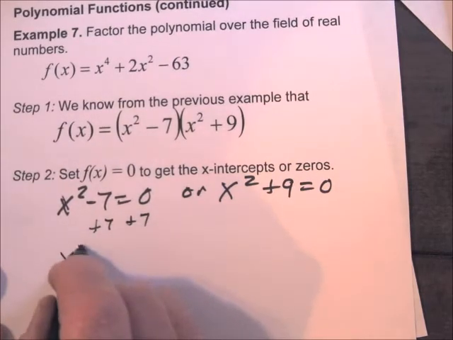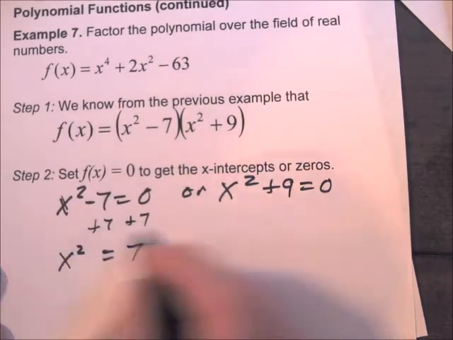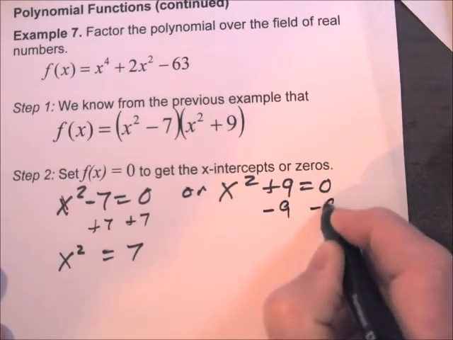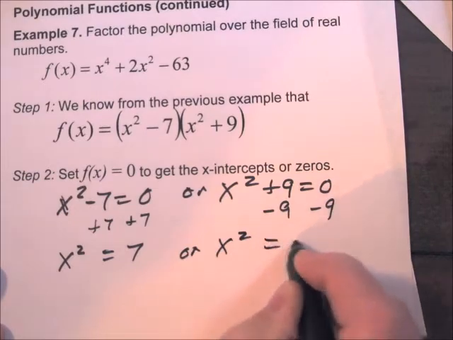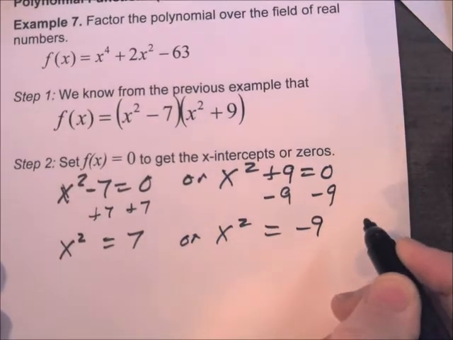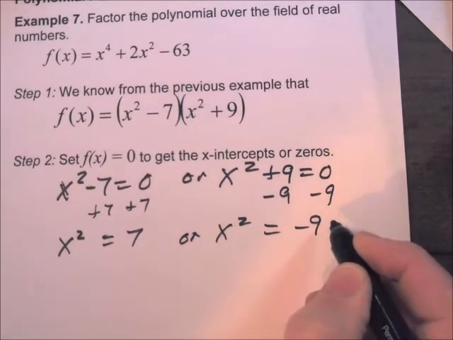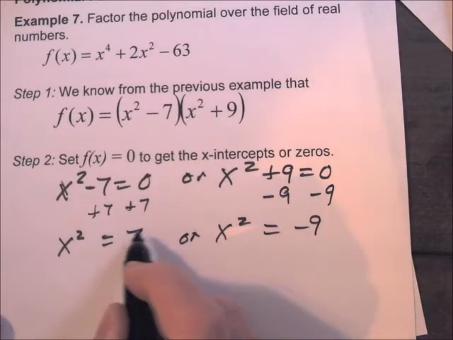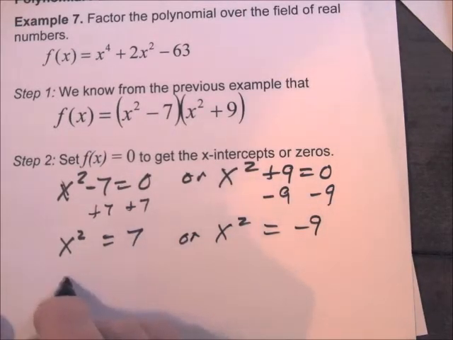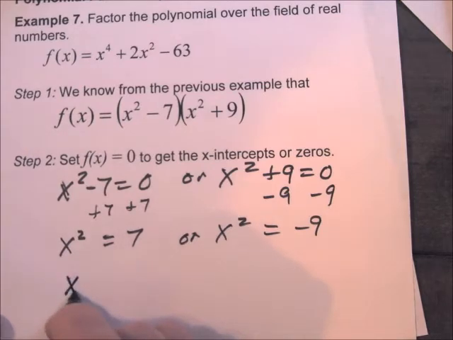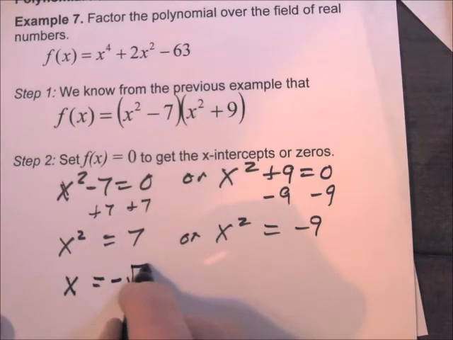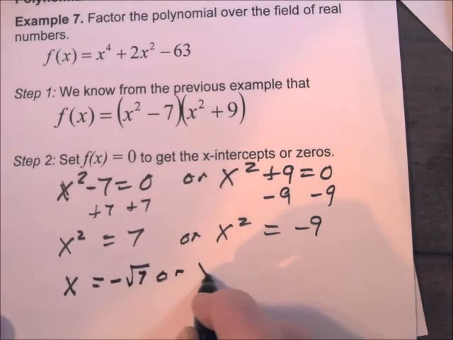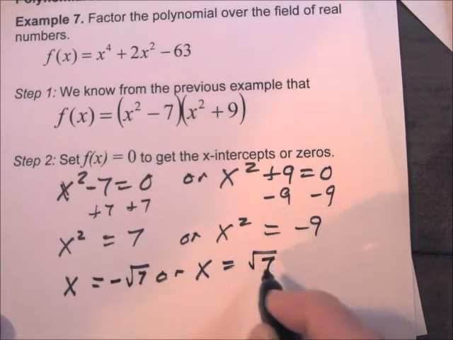If we solve for x, we add 7 to both sides and get x squared is equal to 7. Subtract 9 from both sides, we get x squared equals negative 9. Now, the square root of negative 9 is not a real number, but the square root of 7 is. We can take the square root, and there are two square roots, so x is equal to either negative square root of 7 or positive square root of 7.